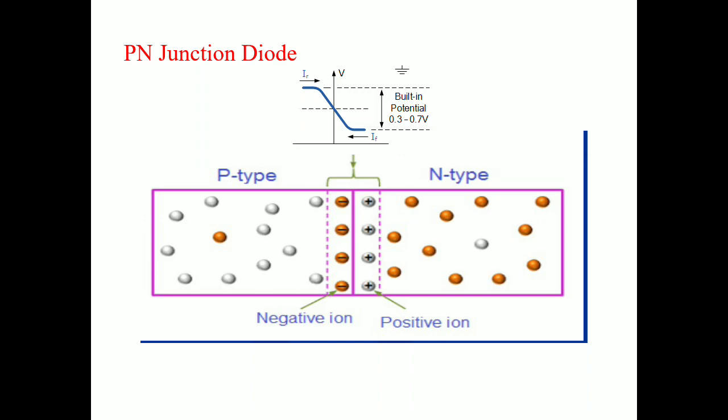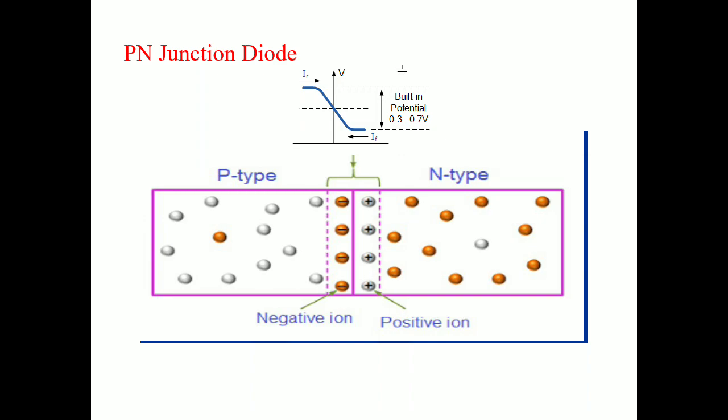The meeting point of the p-type and n-type material is nothing but the junction, that's why it is called a p-n junction. After the combination takes place, electrons and holes move from one place to the other, attracted towards the p-type and n-type materials respectively, and after one stage there is no more movement.